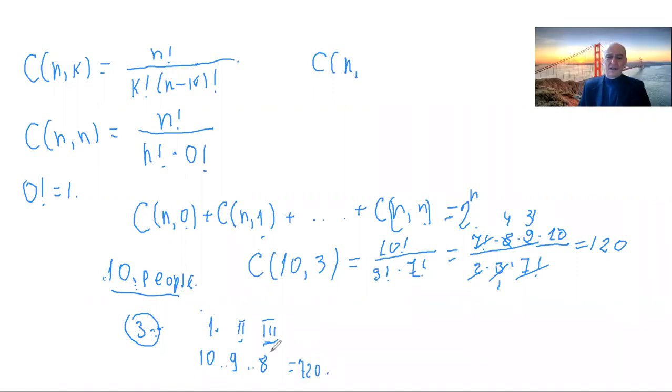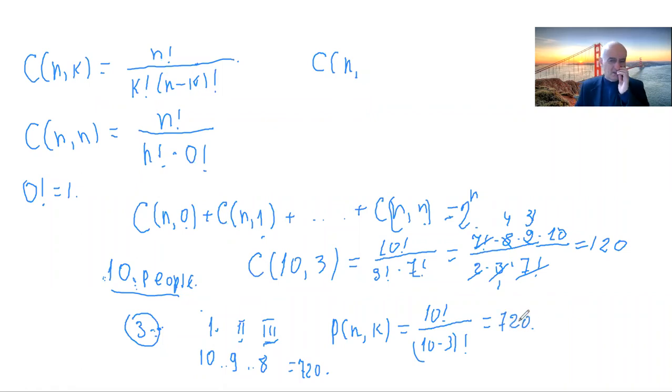Also, we can use the formula of permutation, k elements of n elements, P(n, k), and it's going to be 10 factorial divided by 10 minus 3 factorial, and we will get the same answer, 720.